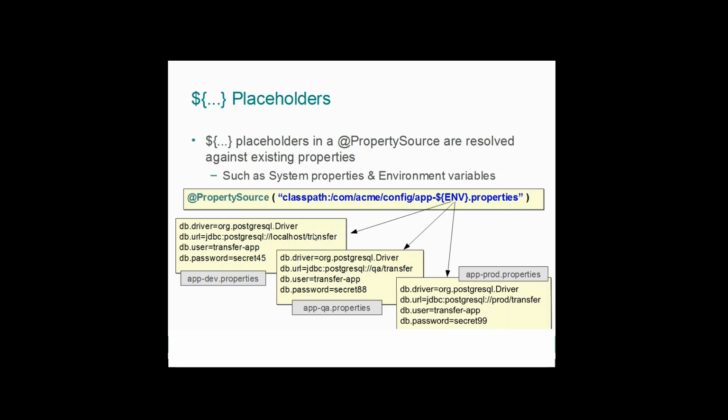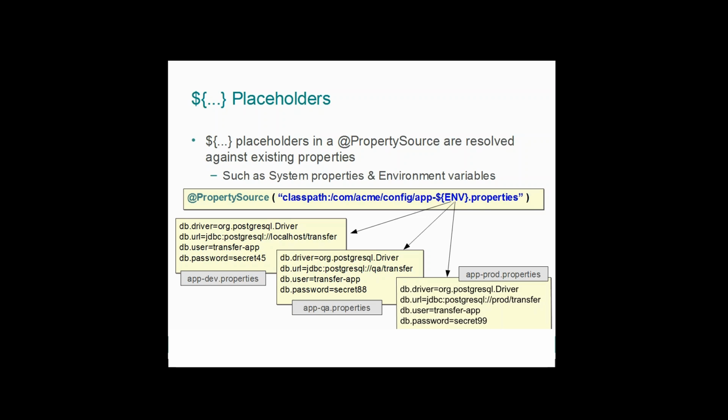I have three property files, and at runtime I want to load only one property file based on another property defined here as env. This env may be coming from the JVM startup options like -D. So I would give this env as -Denv=dev, QA, or prod.